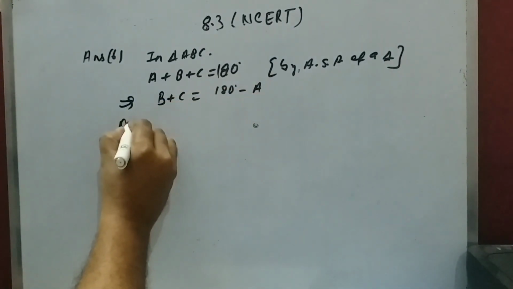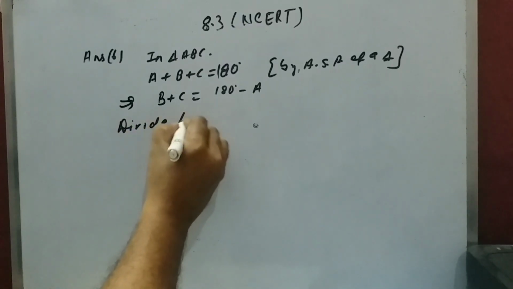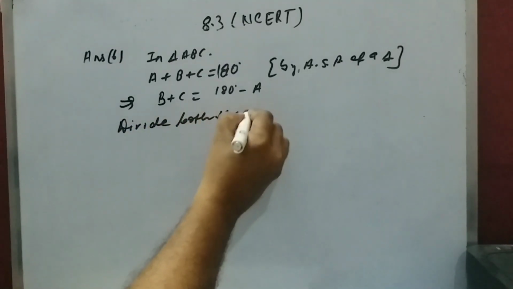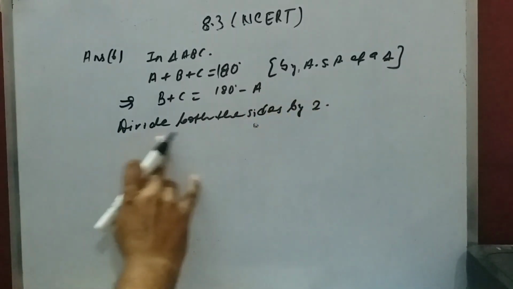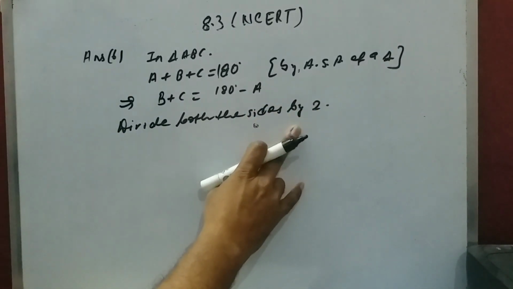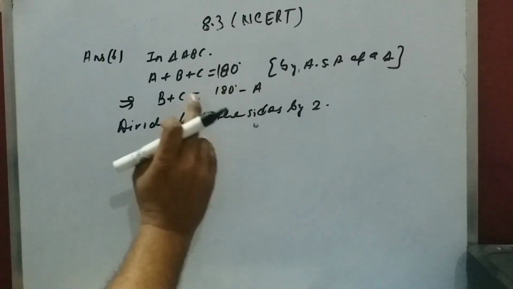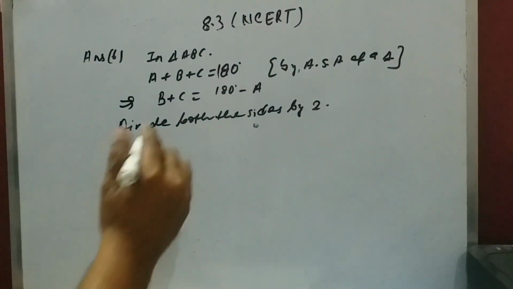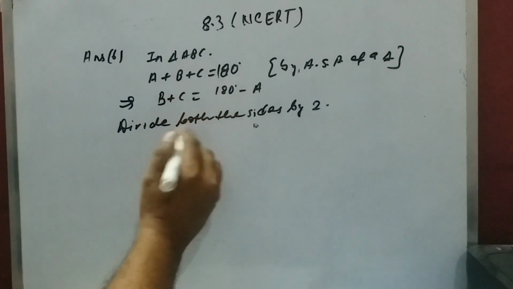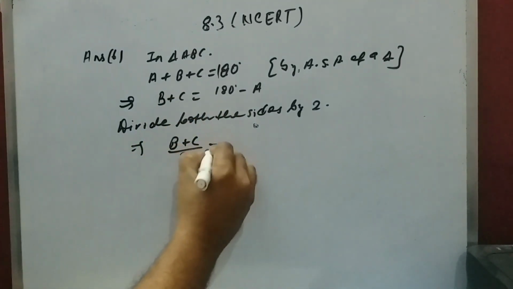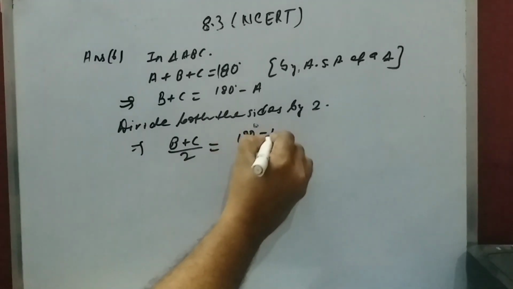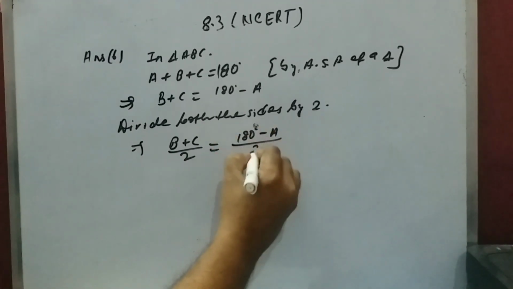Now divide both sides by 2, because this is the requirement of your working, since in the question you are seeing (B plus C) by 2. Hence I have divided both sides by 2, so you will get (B plus C) by 2 is equal to (180 degree minus A) by 2.